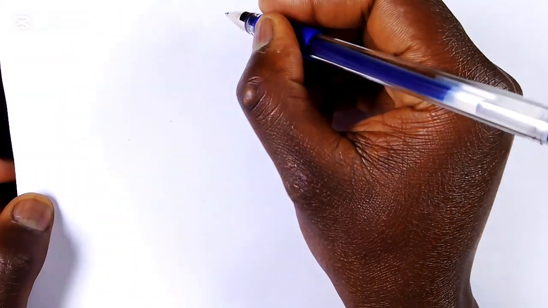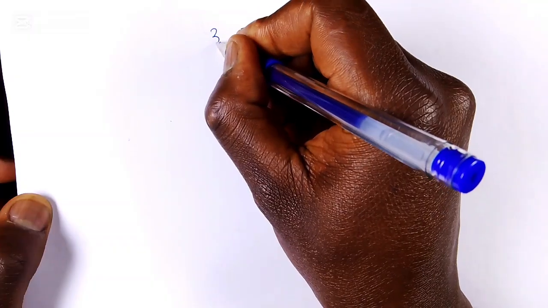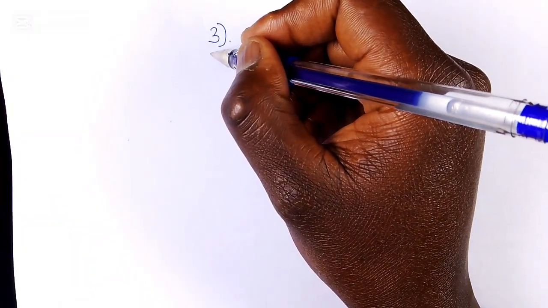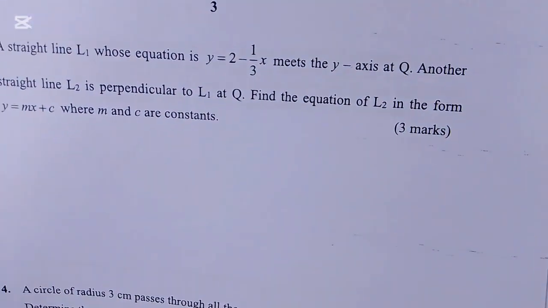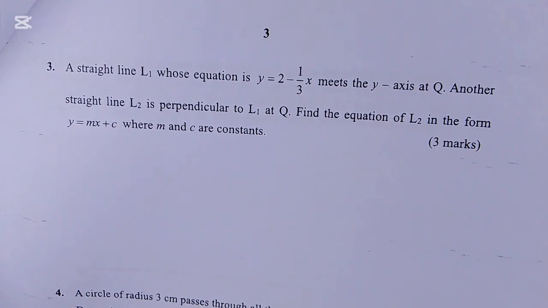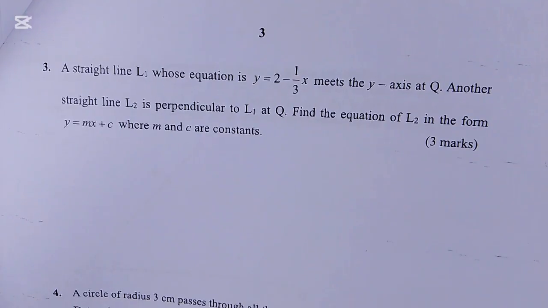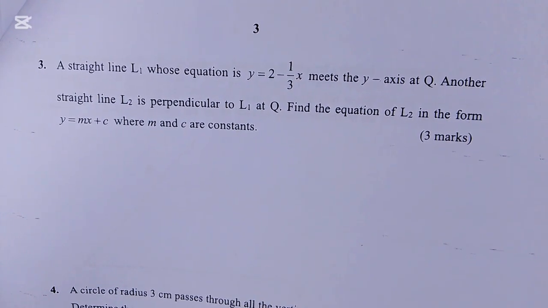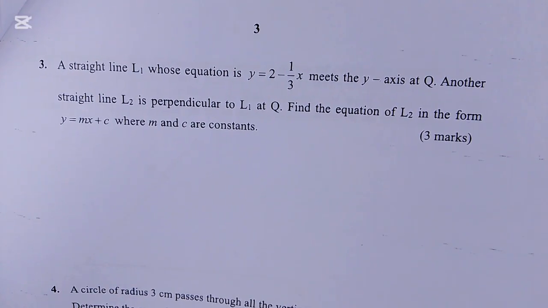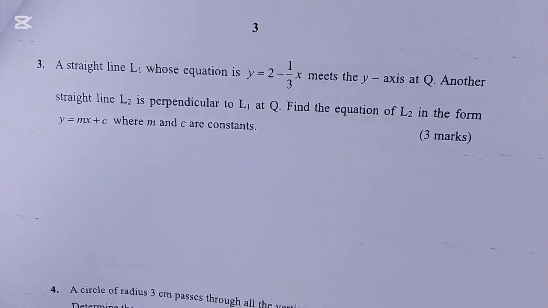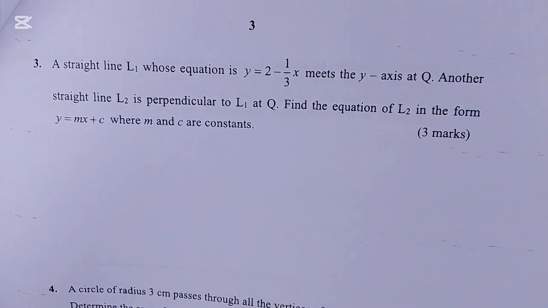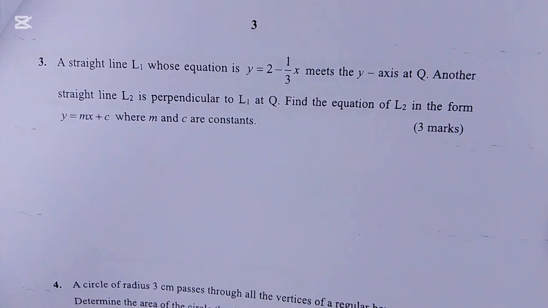In question number 3, we have a straight line, line 1, whose equation is y is equal to 2 minus a third x, meets the y-axis at Q. Another straight line, line 2, is perpendicular to line 1 at Q. Find the equation of line 2 in the form y is equal to mx plus c, where m and c are constants.